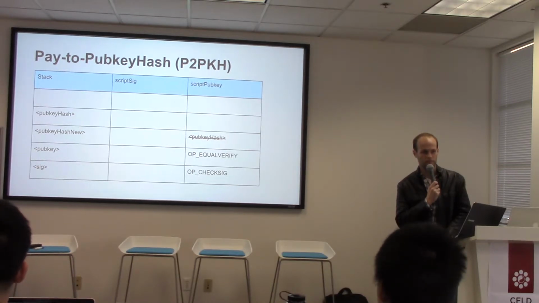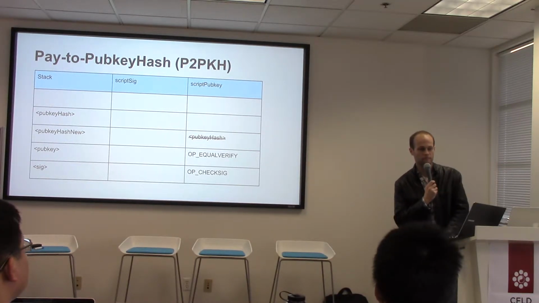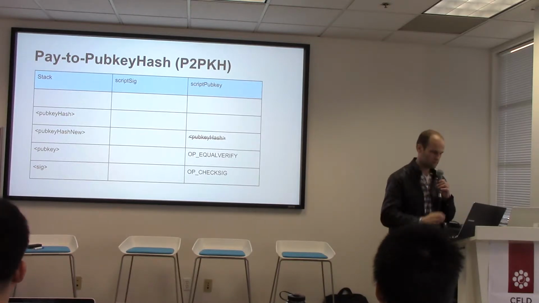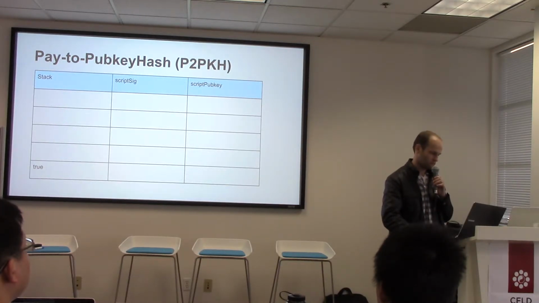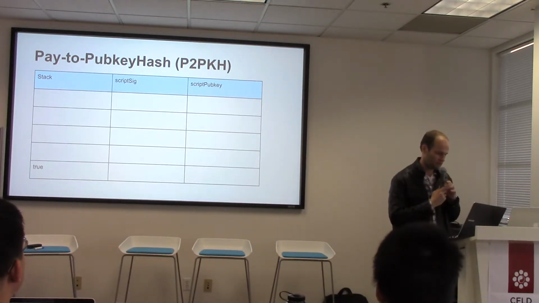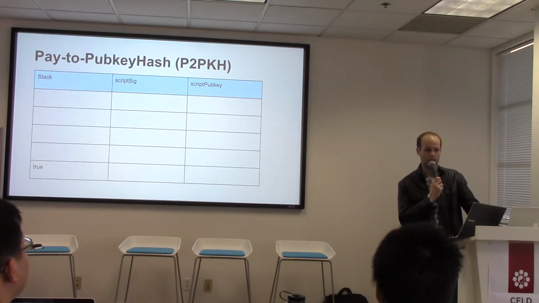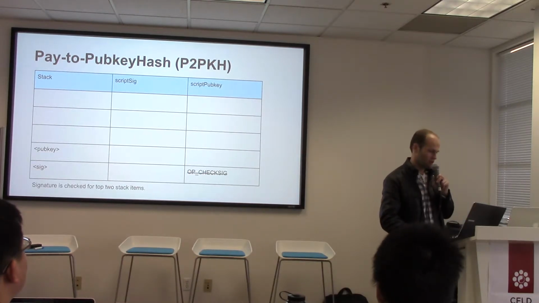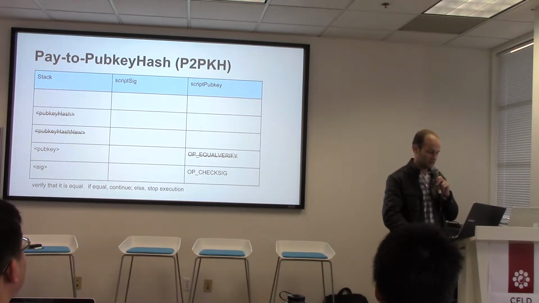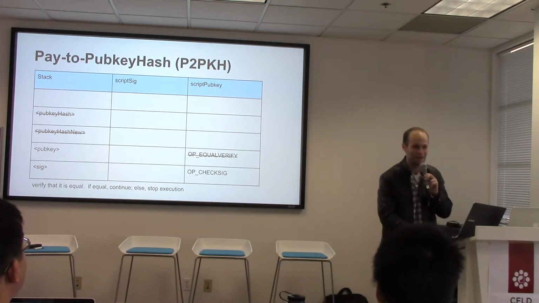Okay, and so op check sig puts the true onto the stack, right? Yep. Op check sig puts a value of true on the stack, and it does not invalidate the transaction. But equal verify does not do that. If this slide is accurate, I don't completely remember.